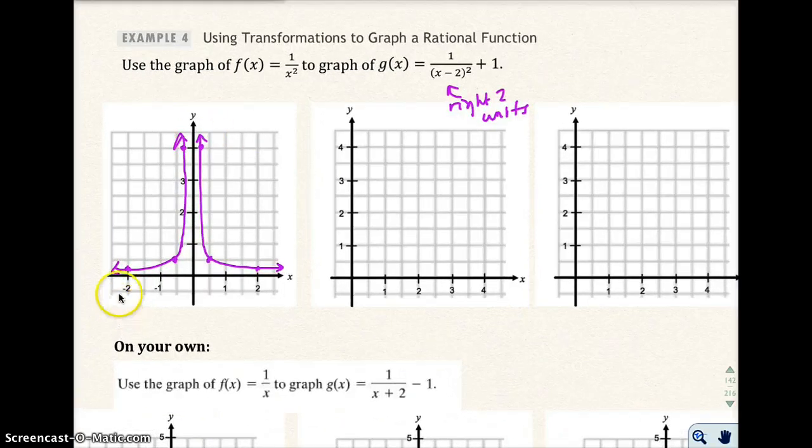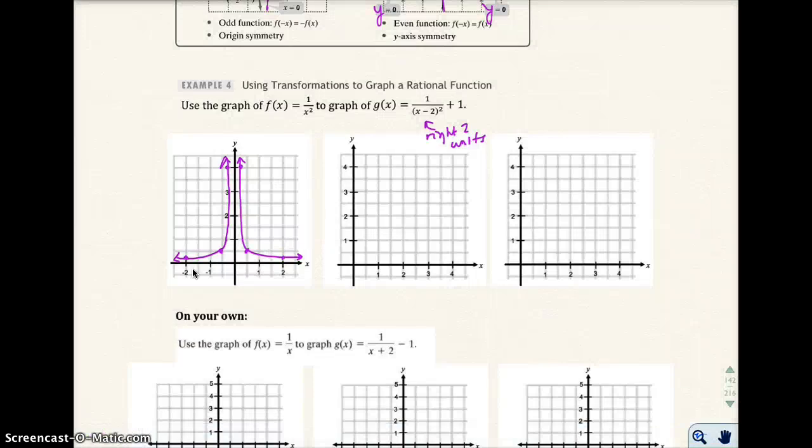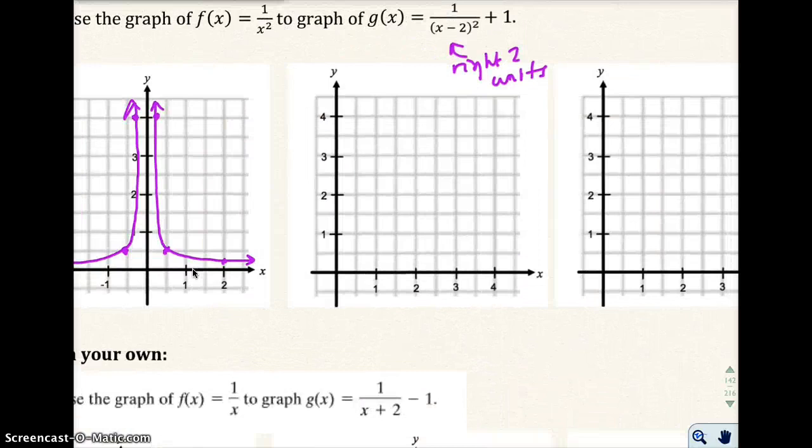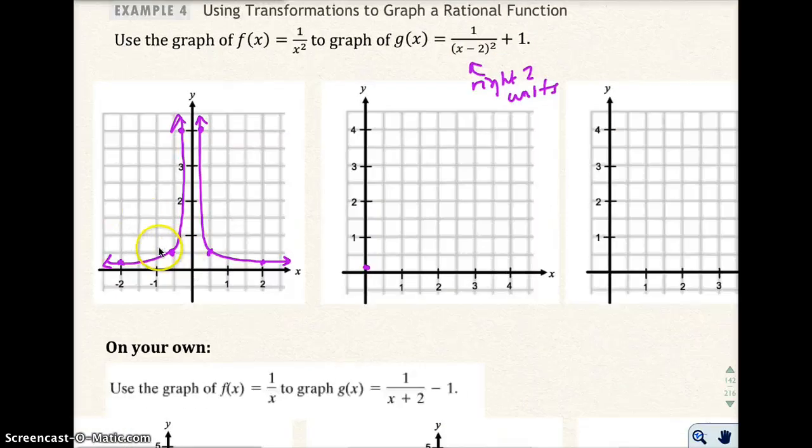When I move the 1 to the right 2 units, it becomes 1, 2. It goes right there. When I move this to the right 2 units, it goes 1, 2. There'll be 1 1/2 there.